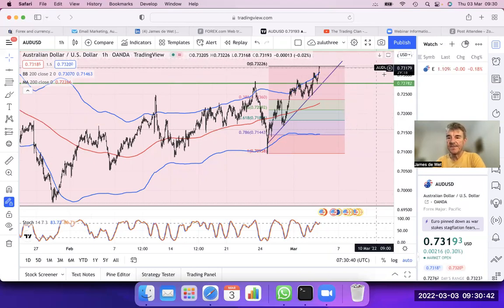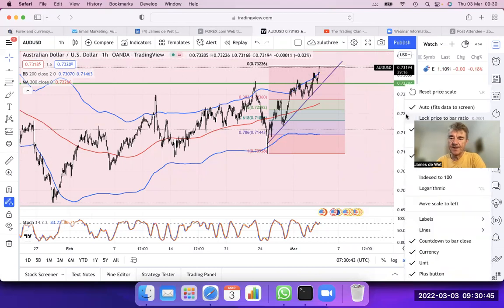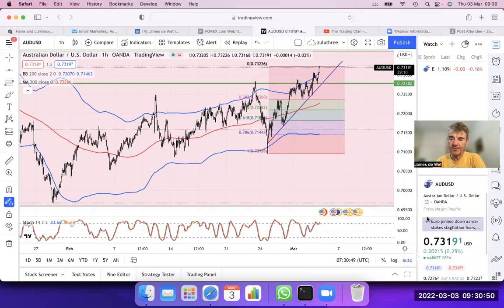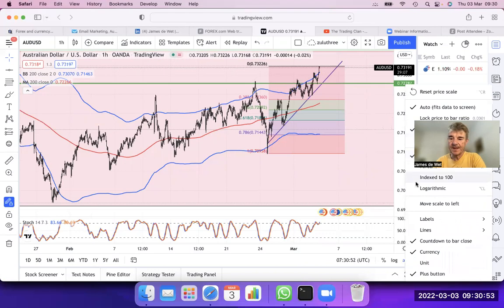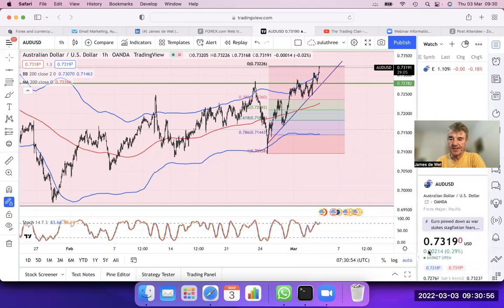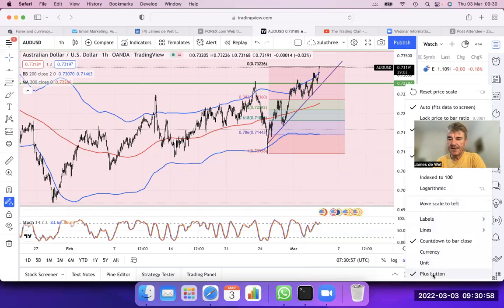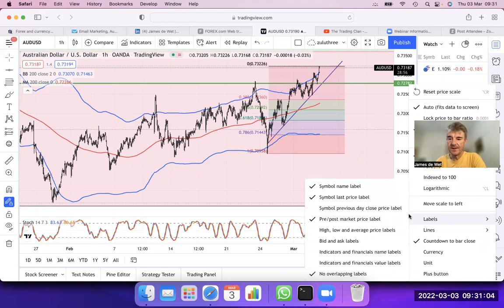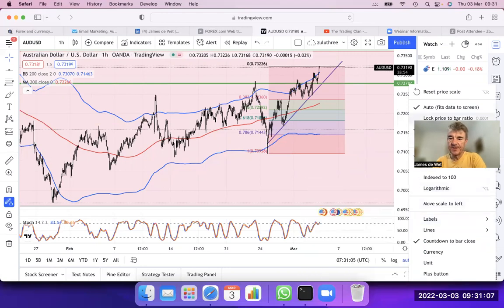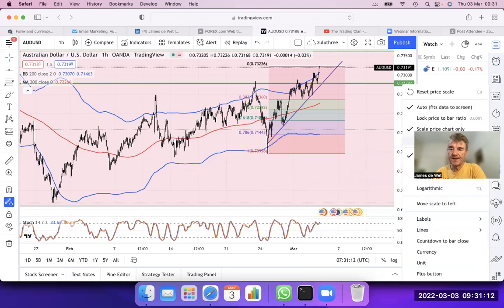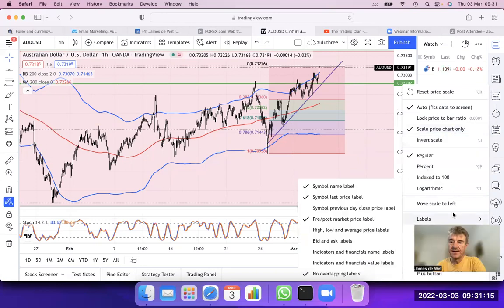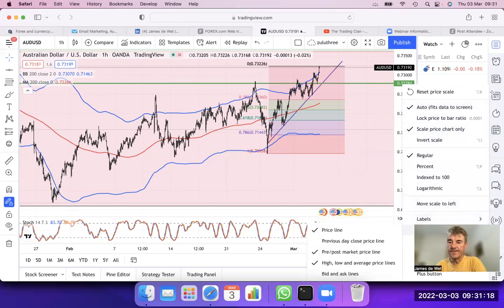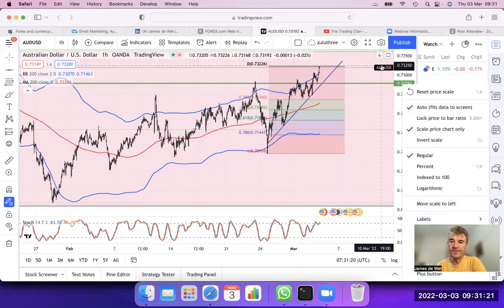It's got all these things on the side here. I could remove them. You can just go to here and get rid of all the stuff that you don't want, like unit, we don't want. Currency, we don't want, because we know what currency we're on. And plus position, we don't want. This is all the stuff coming off the axis, so we don't really want any of it. Countdown to bar close, we don't want that. All right, so that's better. We don't want that either.